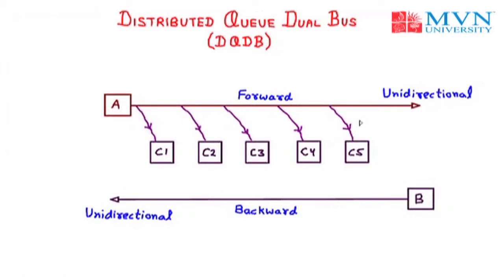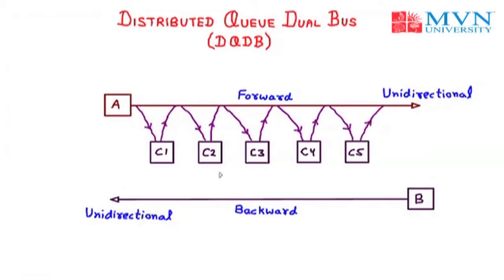But if the data transfer is via bus A, when C1 wants to send data to the bus, it goes from C1 to the bus, C2 to the bus, C3 to the bus, then C4 to bus A. Similarly for C5 to bus A.